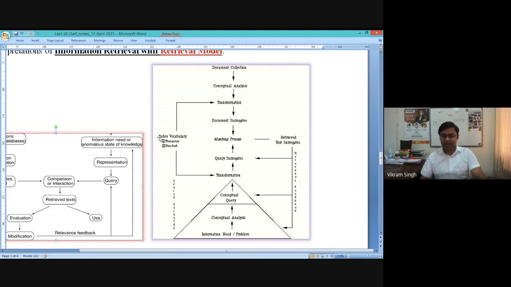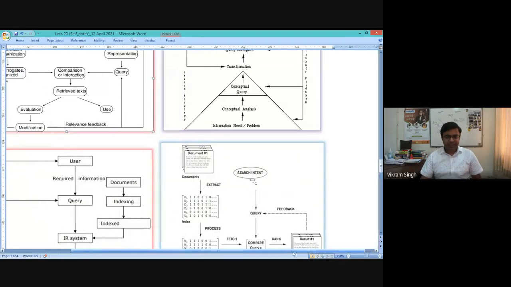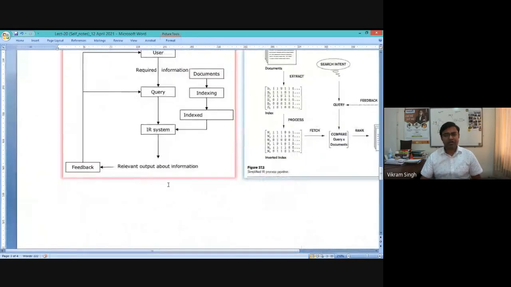Here the index vocabulary is shared because it is utilized to perform the transformation of data as well as the transformation of a query, right? So this is another alternate representation of the same retrieval model.